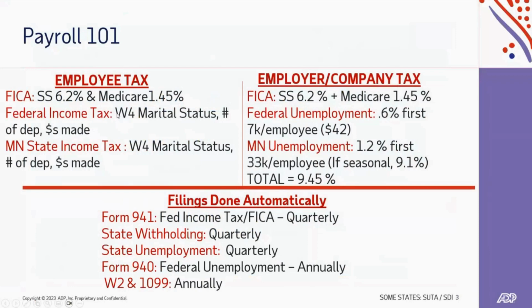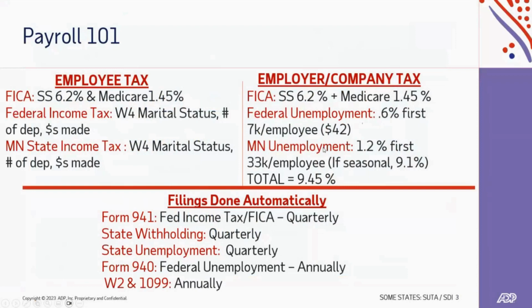But the tax that most business owners don't know about until they talk with me, until I help educate them about it, is the employer tax or the company tax. So this is the tax that the company pays in addition to what they pay their employees. So the company also pays Social Security and Medicare. Federal unemployment is 0.6% of the first $7,000 per employee per year, which is $42 a year.